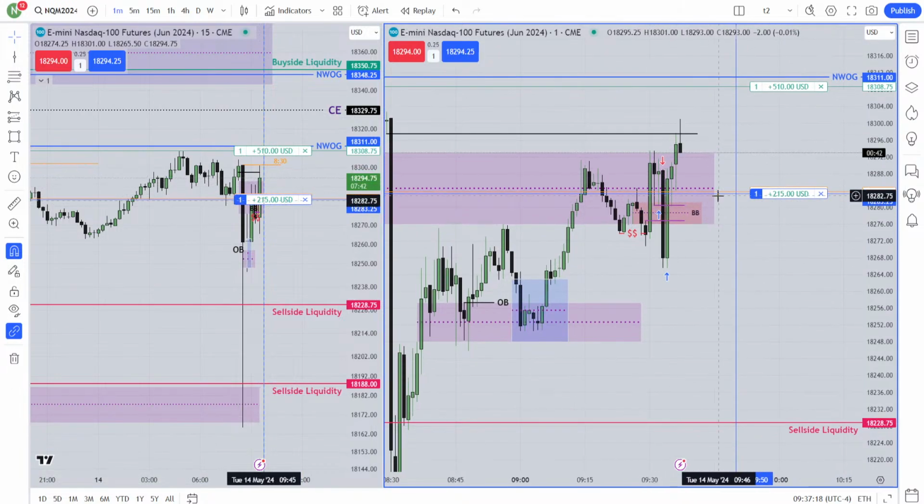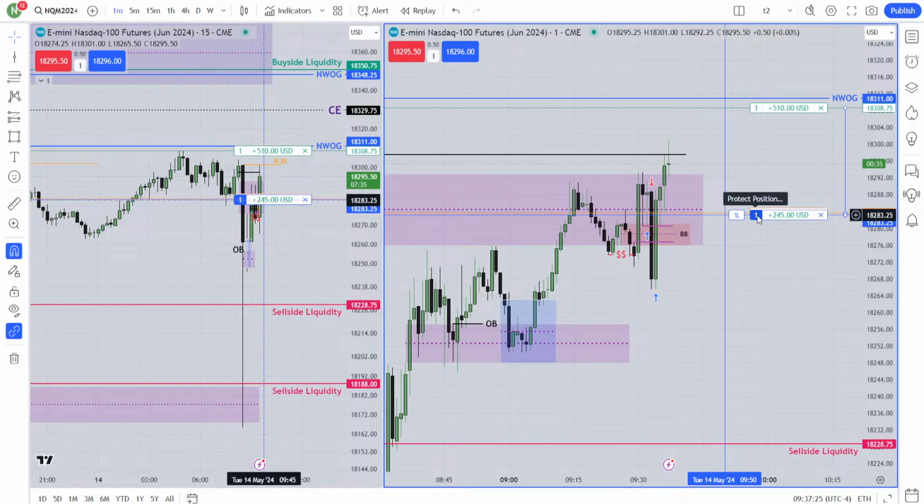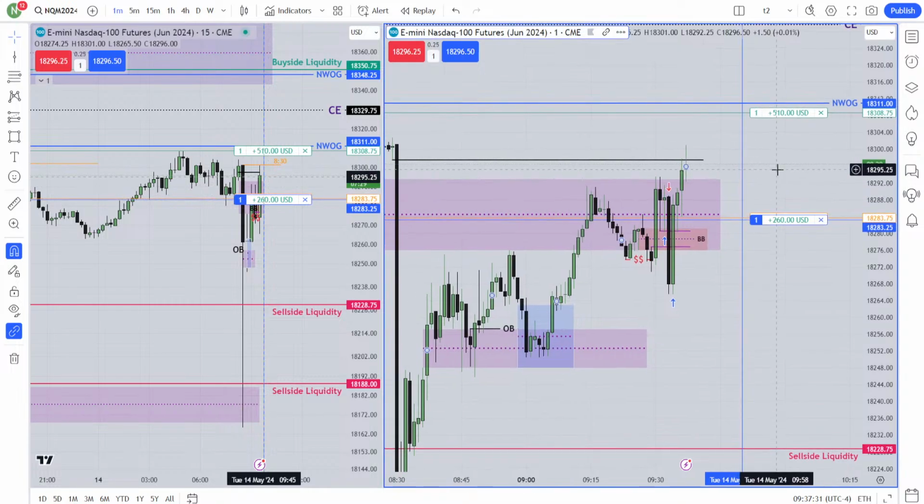If I get stopped out at the break even, I'm happy with that. But I don't want to take more risk now. It's my problem. I actually go for the trailing stop loss. My trailing stop loss is very bad, but still I'm profitable with that. I'm getting benefit from that. So I'll put my stop loss over there to the break even. If I'm wrong, I'll be stopped out at the break even.